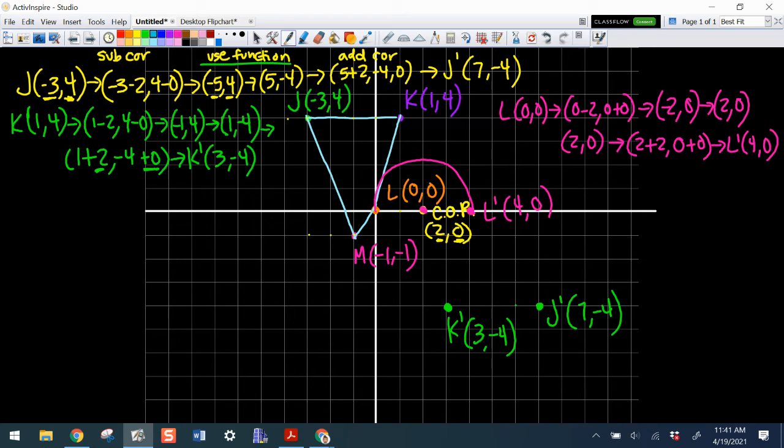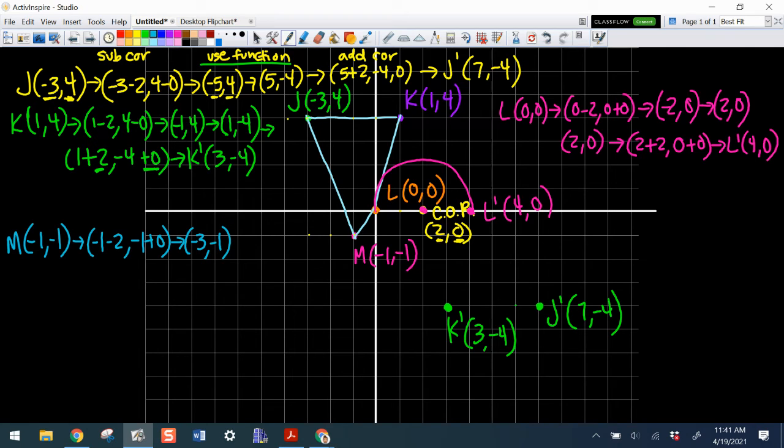Last and certainly not least, poor old M, always getting the last one here. So we're going to take the coordinate -1, -1. We're going to subtract 2 from our x, add 0 to our y. -1 take away 2 is -3. -1 add 0 is still -1.